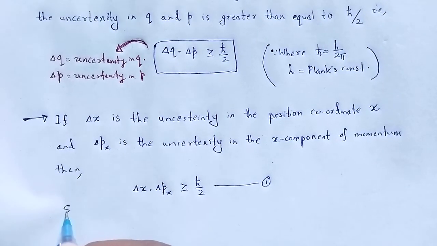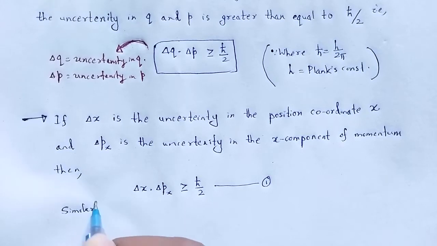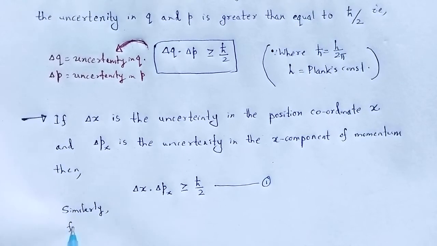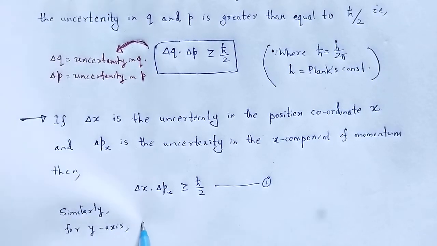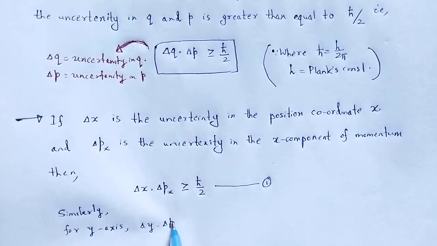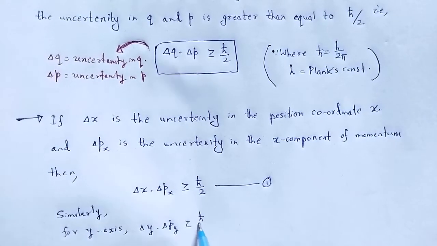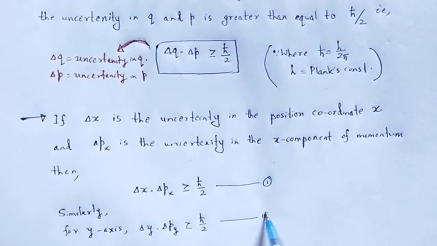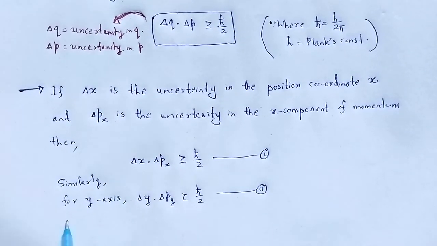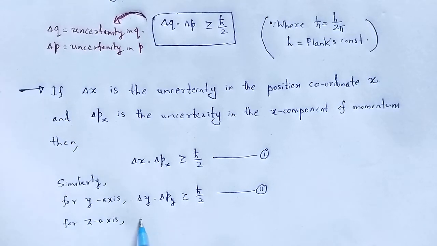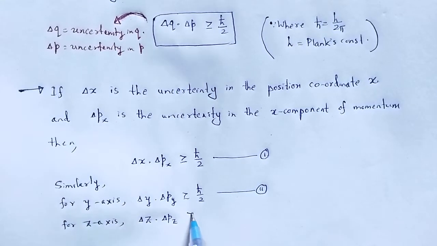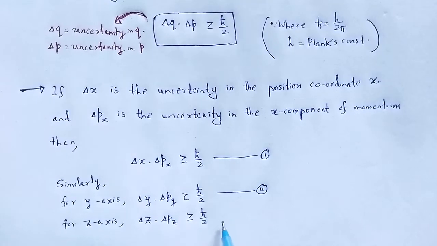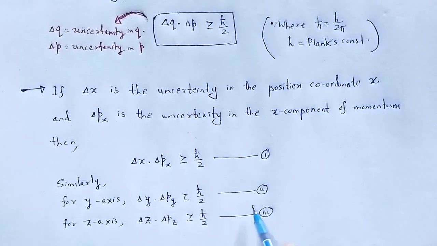Similarly, for the y axis it will be del y del py greater than or equal to h cross by 2, and for the z axis it will be del z del pz greater than or equal to h cross by 2, equation number 3.